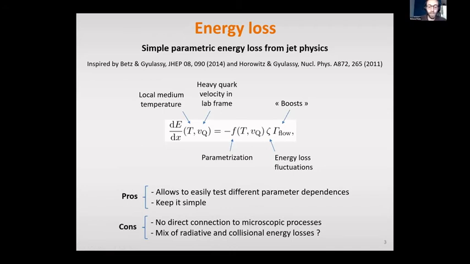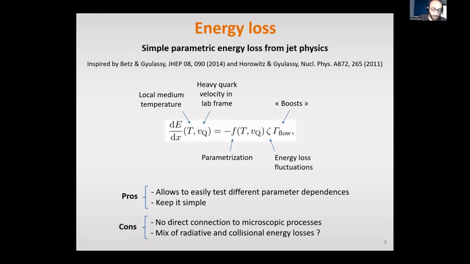For the energy loss, we use a simple parametric model that comes from jet physics. It allows to easily test different parameter dependencies, like the temperature or the velocity of the EV quark, and to include some energy loss fluctuations through a single random variable that is here.